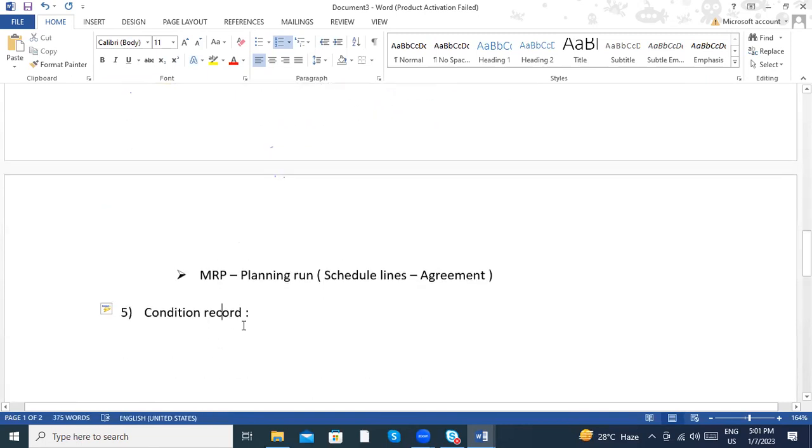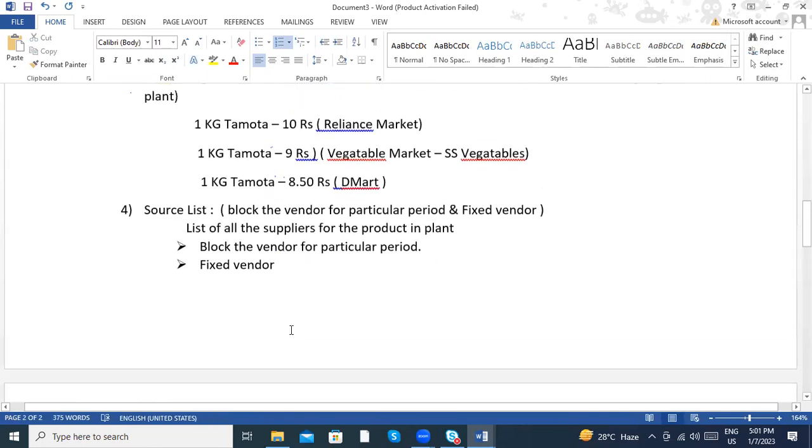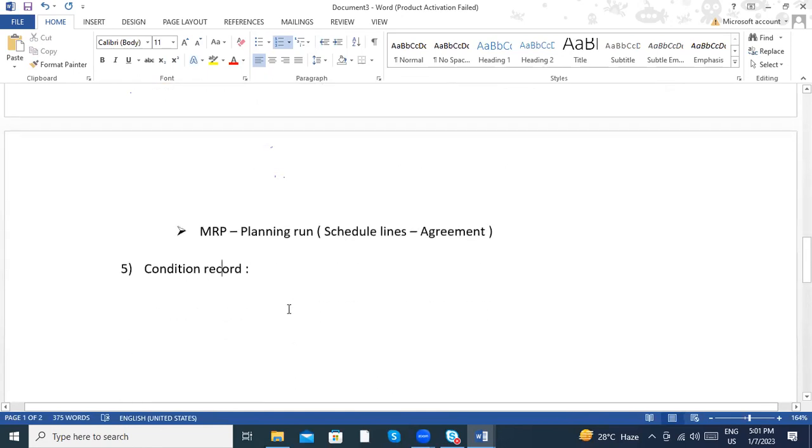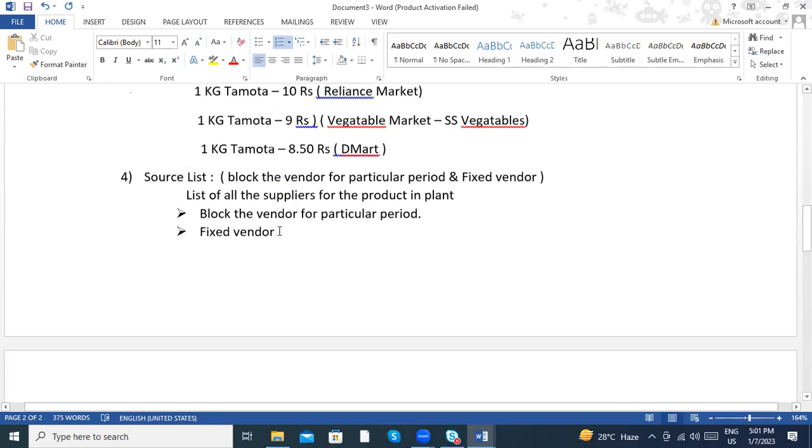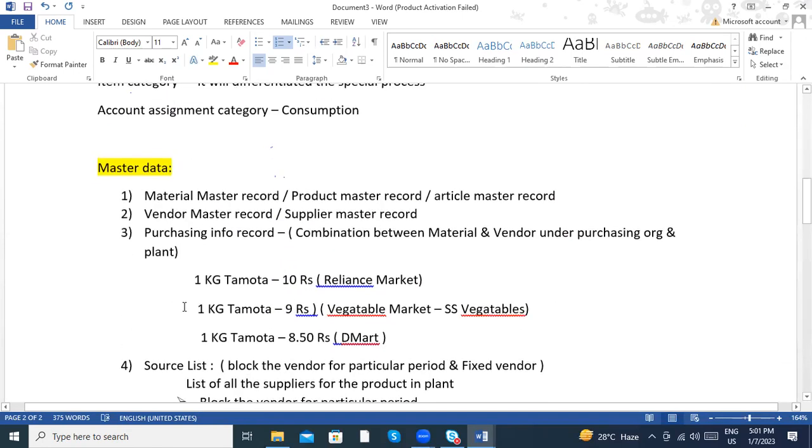And coming to the condition record, every day there might be some products whose price changes. For example, gold: based on the market, the price will reduce or increase. Every day I would need to go into the info record and maintain the prices for each and every vendor.